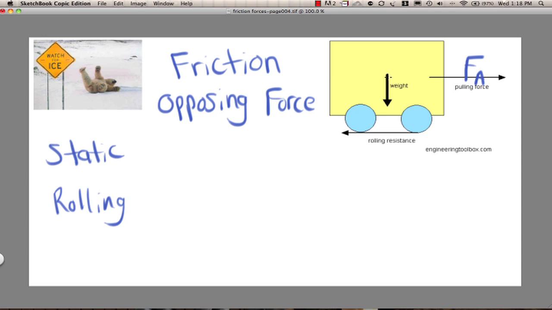The weight is Fg, and the rolling resistance we're going to call Ff, force due to friction, that's what we use. And then there is a force that is upwards, and that is my Fn, my normal force. Now a normal force is a perpendicular force between an object and the surface.